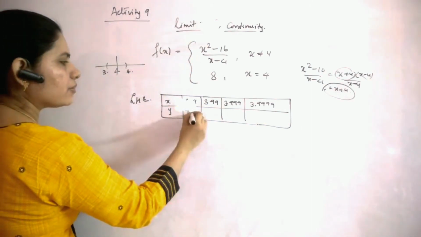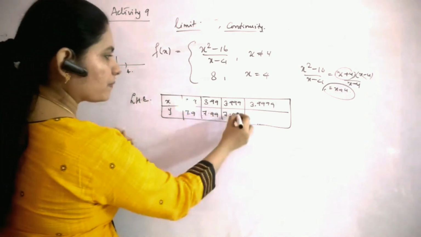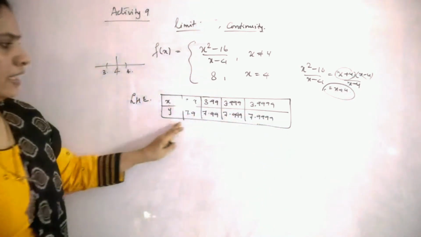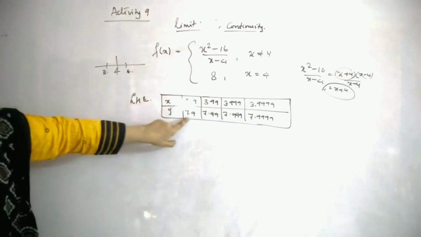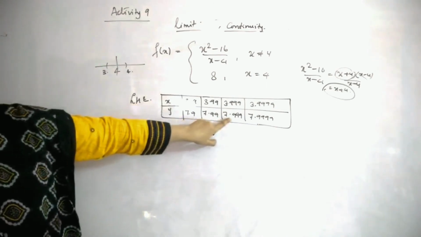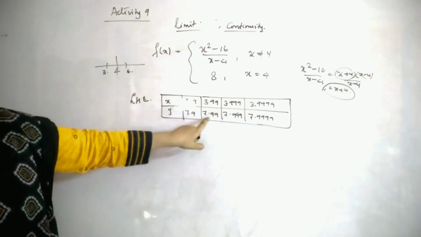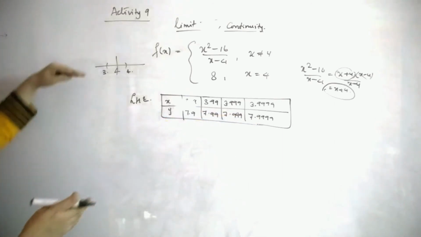Here you can write 7.9, 7.99, 7.999, 7.9999, just by adding 4. Now for the left limit, you can see the function value is going closer and closer to which value? 8, yes. 7.9, 7.99, 7.999, like that it is moving towards 8 from the left side.